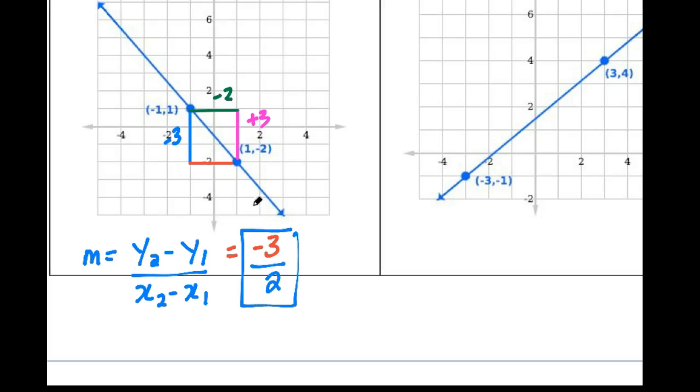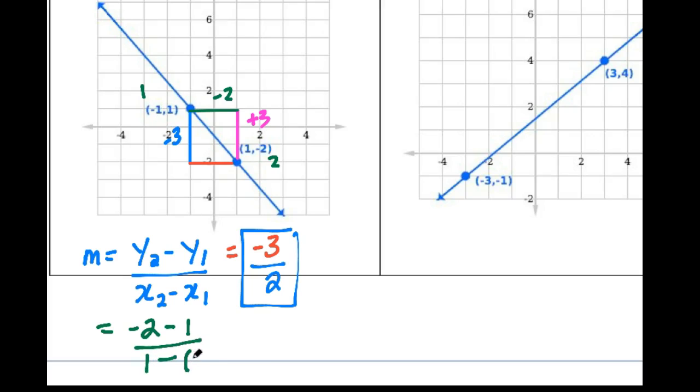It's the same process. So yes, we use m equals y2 minus y1 over x2 minus x1. So how that would look, let's just consider this point number 1, this point number 2. So my y2 would be this value right here, this negative 2, minus my y1 value, which is 1, over my x2 value, which is 1, minus negative 1.